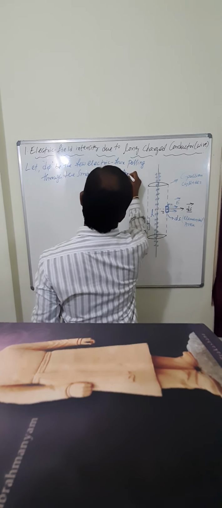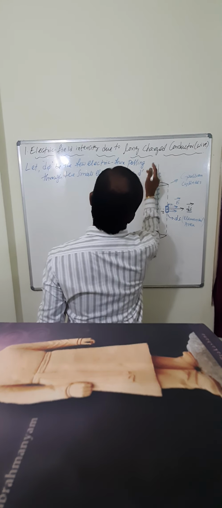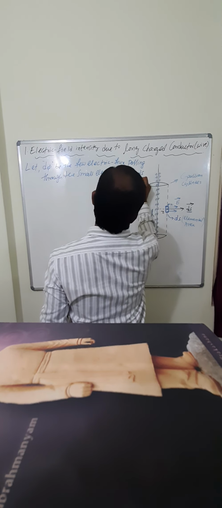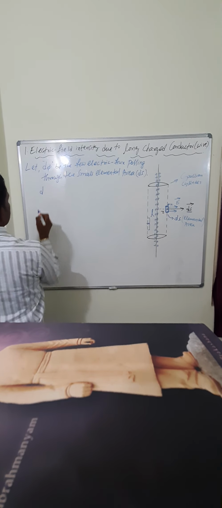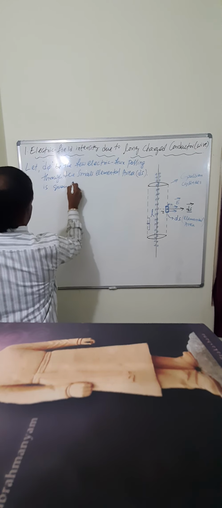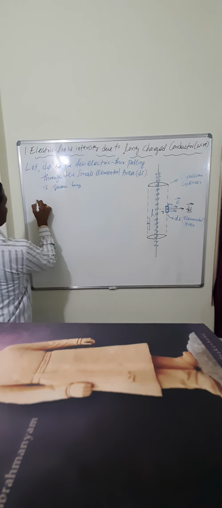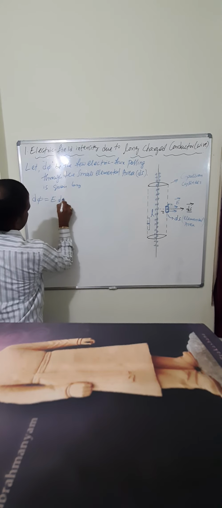What is the elemental area? It is called ds. It is given by d phi equals E ds cos theta.